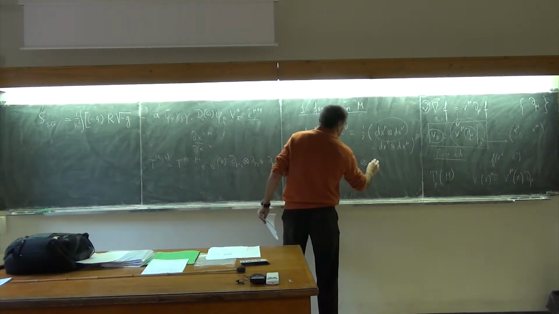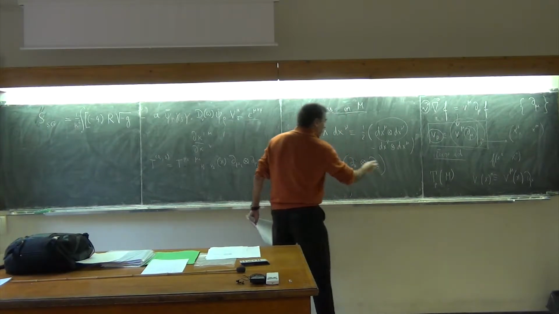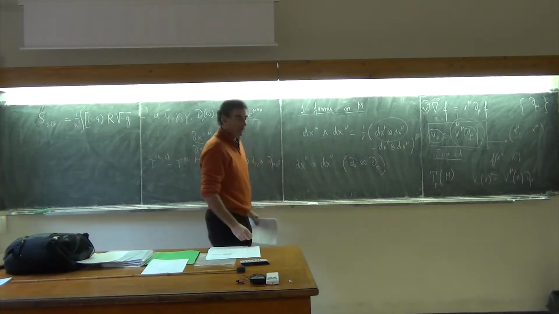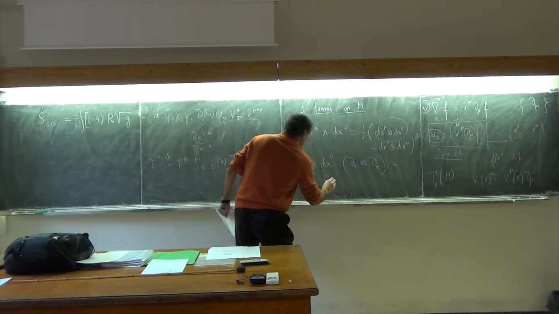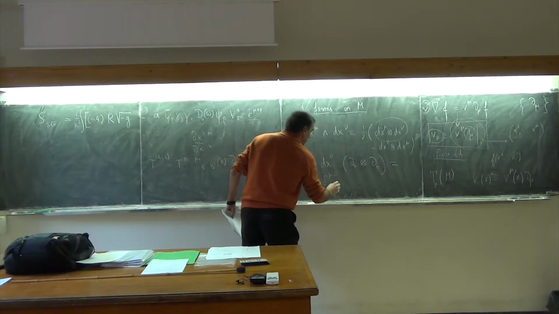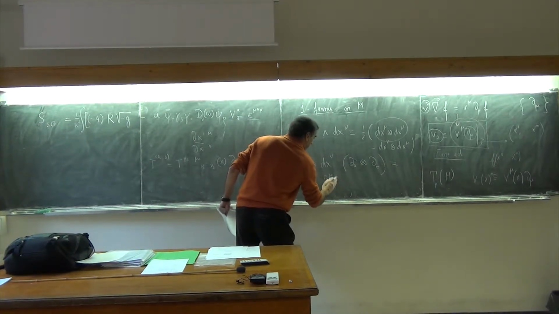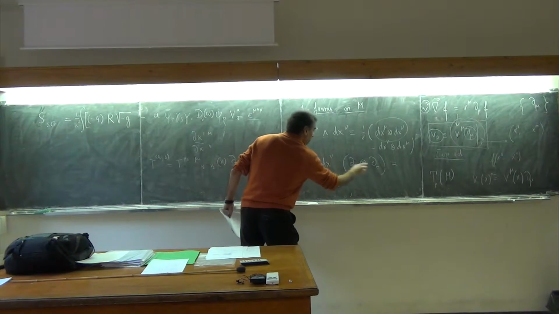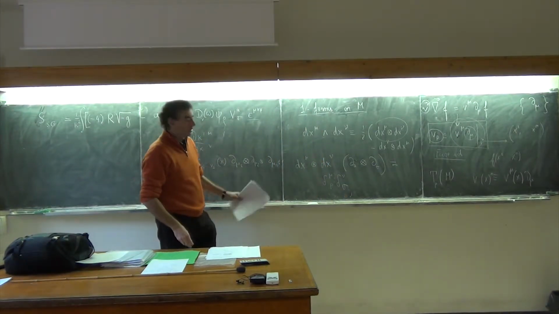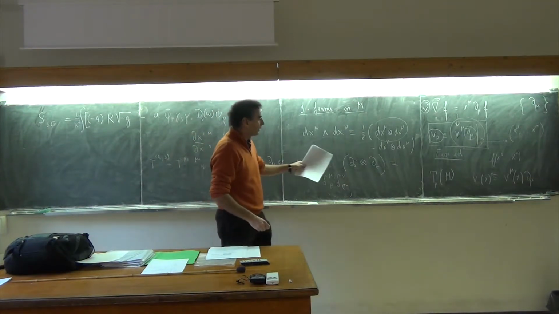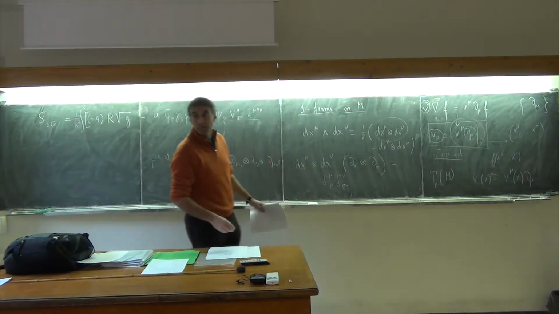For example, it acts on the tensor product of these two basis vectors in this way. This gives you a δ^μ_ρ δ^ν_σ, right? So you have to see tensor products of one-forms acting on tensor products of vectors.